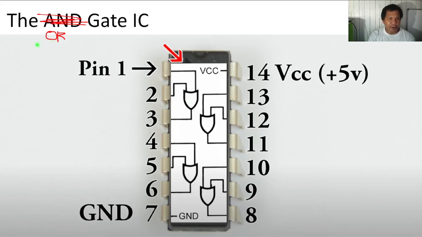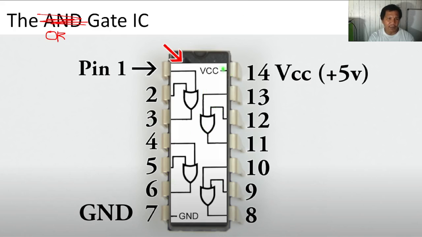So this is an OR gate, meaning to say, now the input for an OR gate, for the first OR gate, you have pin number 1 and pin number 2. And the output will be pin number 3. Take note of the orientation of the inputs and output, because later on you will be using multiple gates inside your IC.